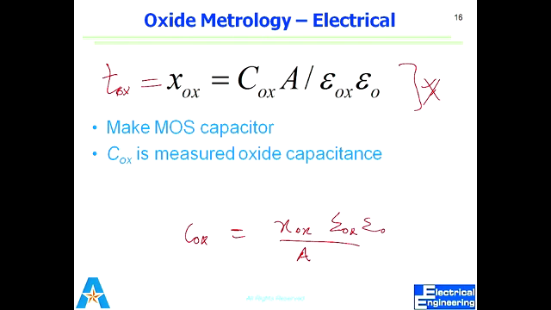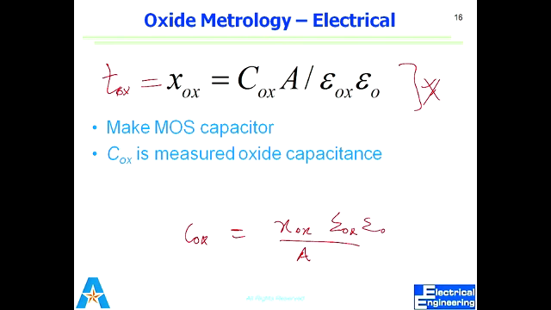We will be using this equation in our lab, because as I told you, the final experiment that we'll be doing on that wafer would be the MOS capacitor. We will have to fabricate the MOS capacitor, and when you fabricate it, you will be able to find out the capacitance C oxide.